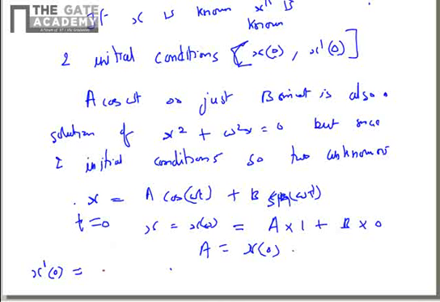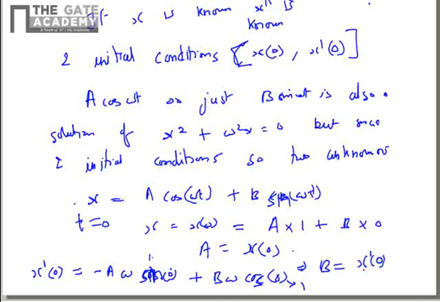The expression for velocity was minus a omega sin omega t plus b omega cos omega t. At t equal to 0, sin 0 is equal to 0, and cos 0 is equal to 1. So you will get b as x dash 0 divided by omega.